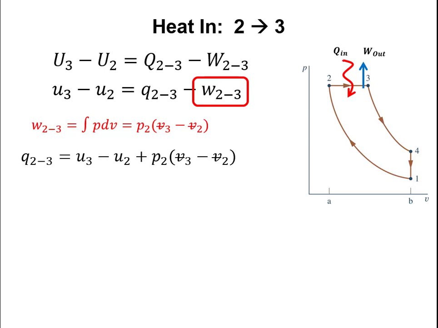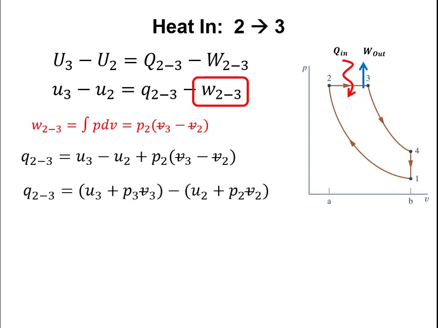So here I find that Q from 2 to 3, the heat addition, is equal to u3 minus u2 plus P2 times (V3 minus V2).